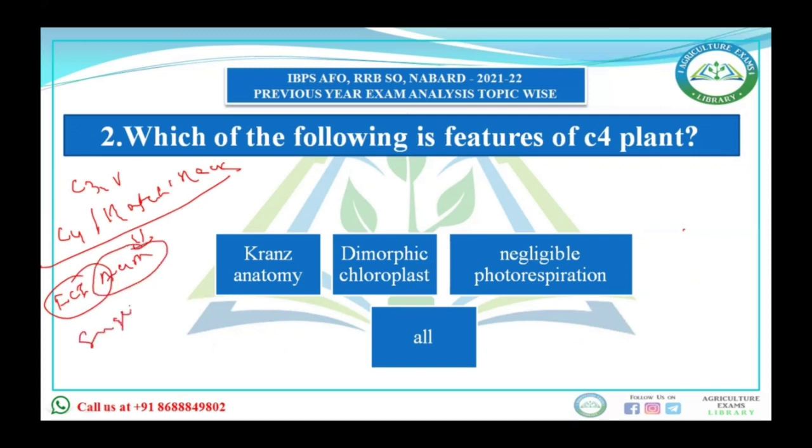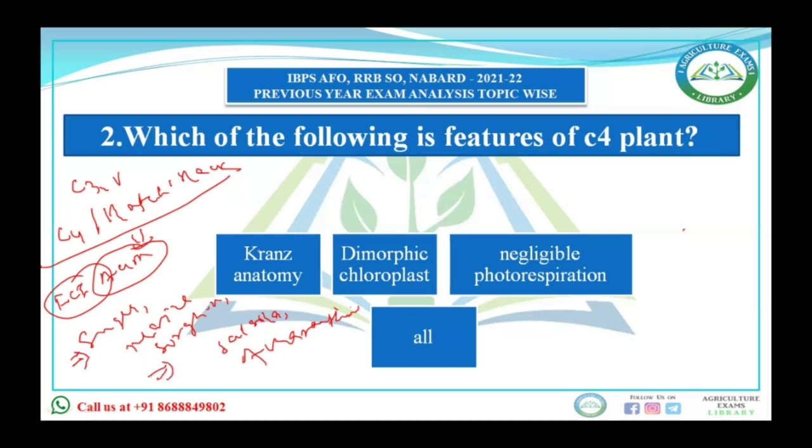Examples are sugarcane, maize, sorghum, Salsola, and Amaranthus. These are examples of C4 plants. In FCI AGM, I think the option was either sugarcane or sorghum.